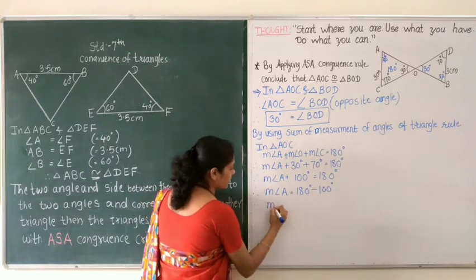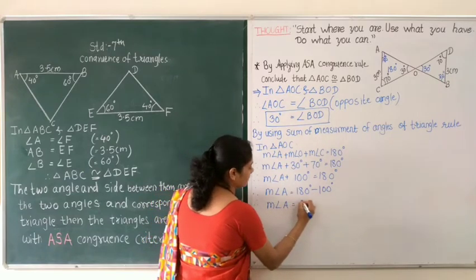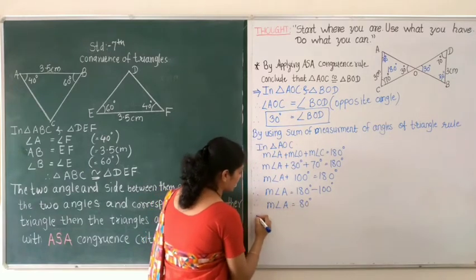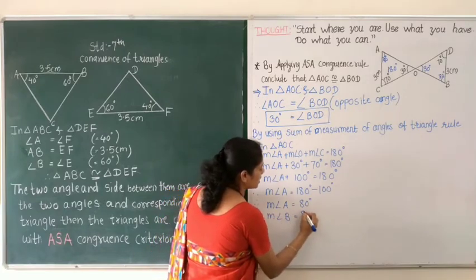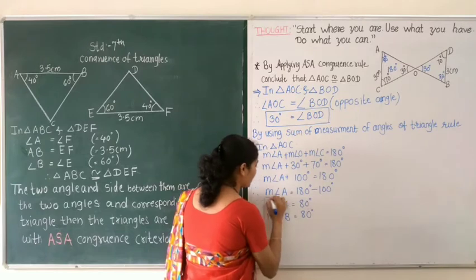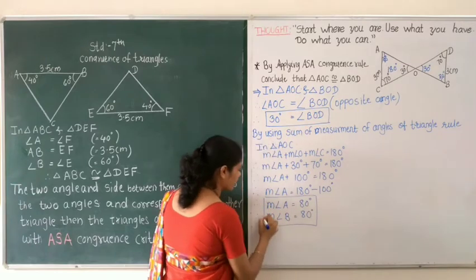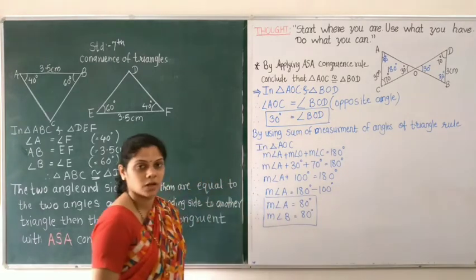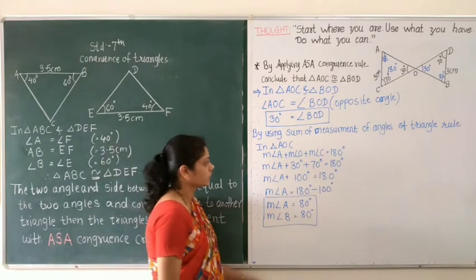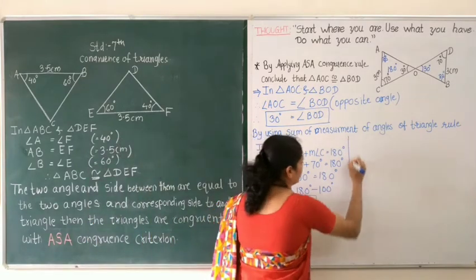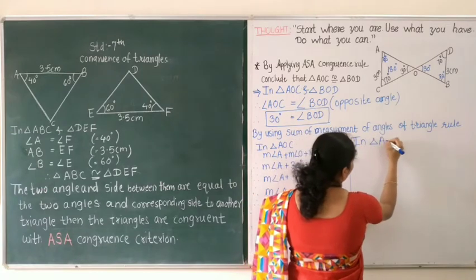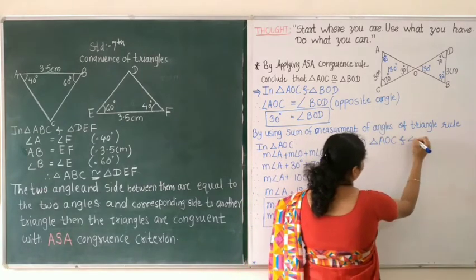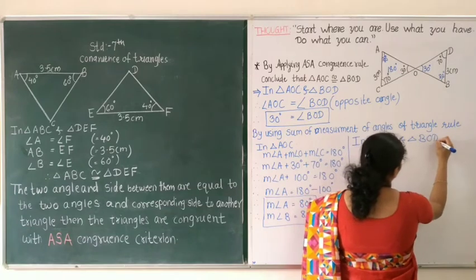Therefore measure of angle A is equal to 80 degrees. As like that, measure of angle B is also 80 degrees. So I will put these values in brackets. Okay. Now I will prove this. So in triangle AOC and triangle BOD.